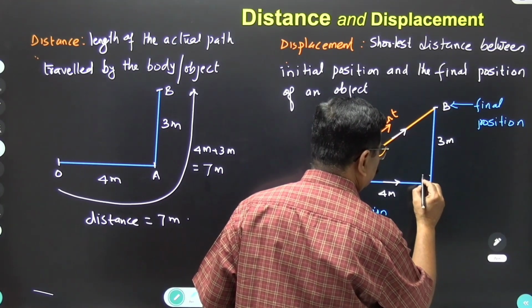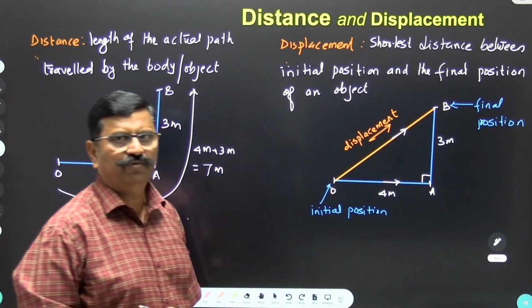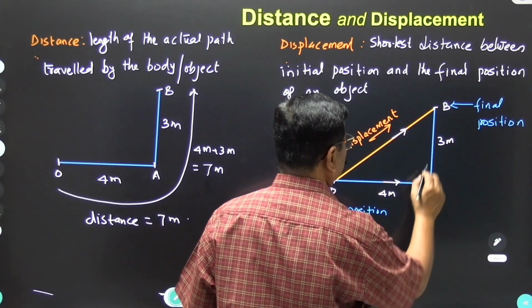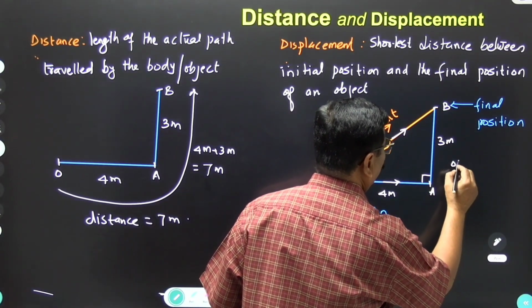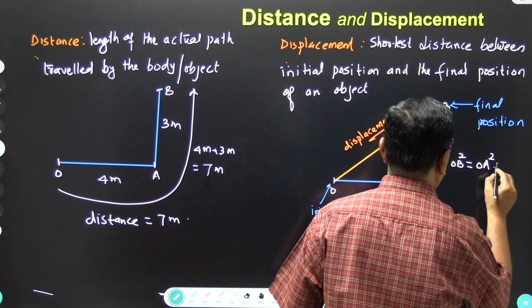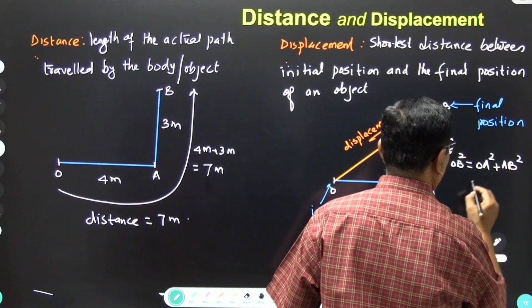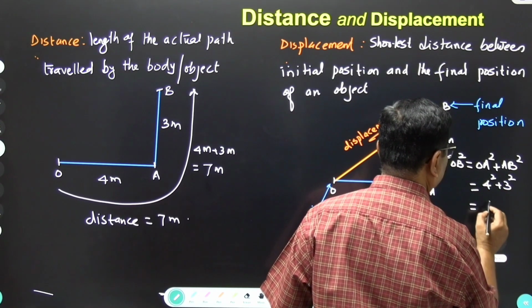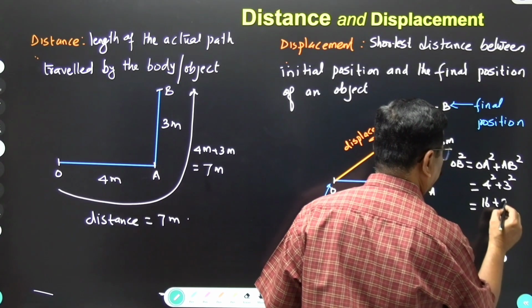For this we will have to use the Pythagoras theorem which is applied for the right angle triangle. So if you consider this triangle, OB square is equal to OA square plus AB square. So this will be 4 square plus 3 square, and this comes to be 16 plus 9.